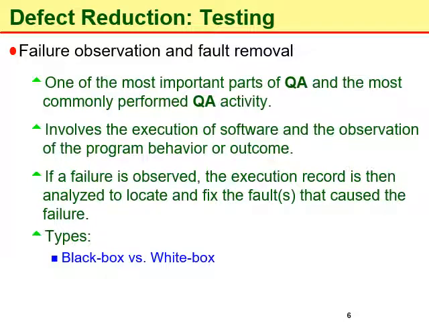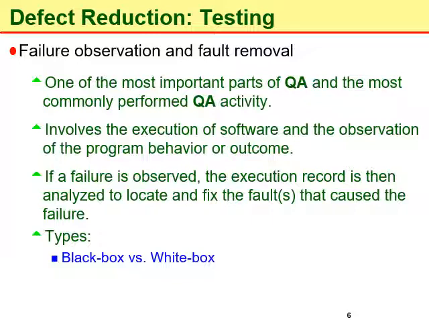Then the second technique for fault reduction is testing. Here our focus is on failure observation and fault removal. In fact, testing is one of the most important parts of quality assurance activities and the most commonly performed quality assurance activity.